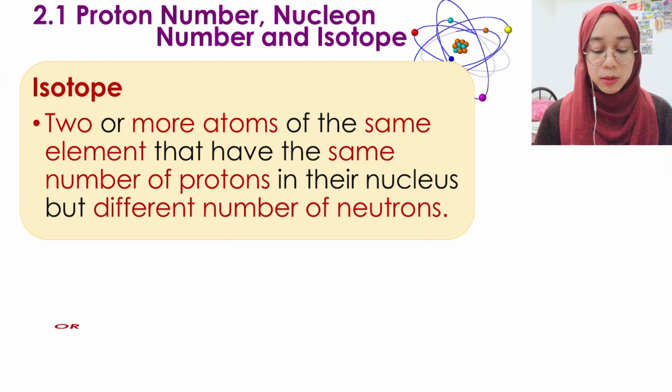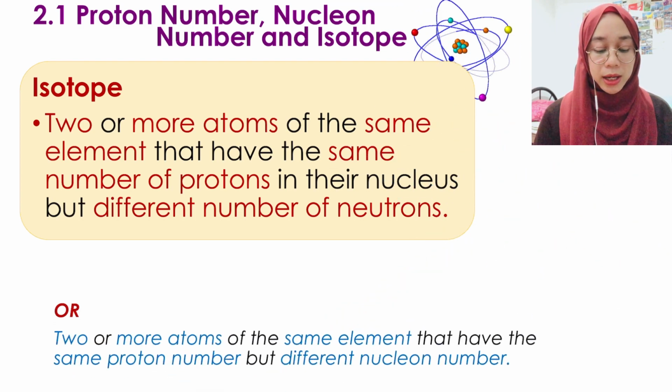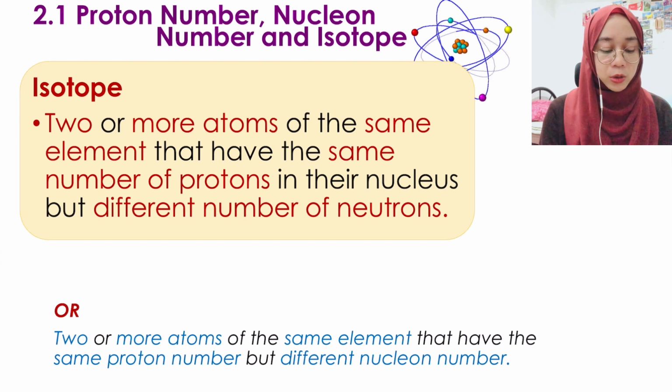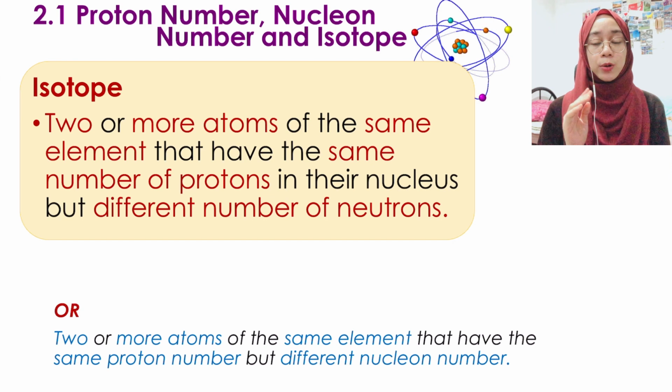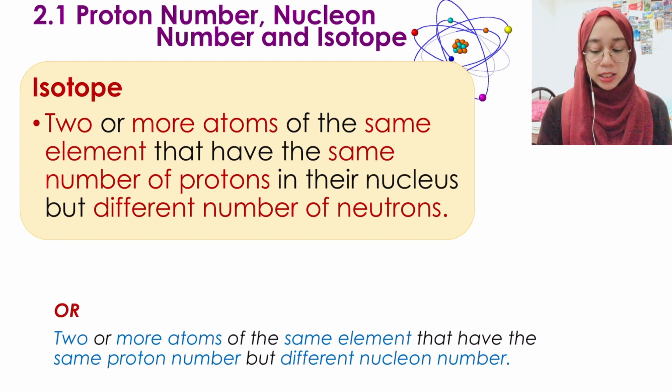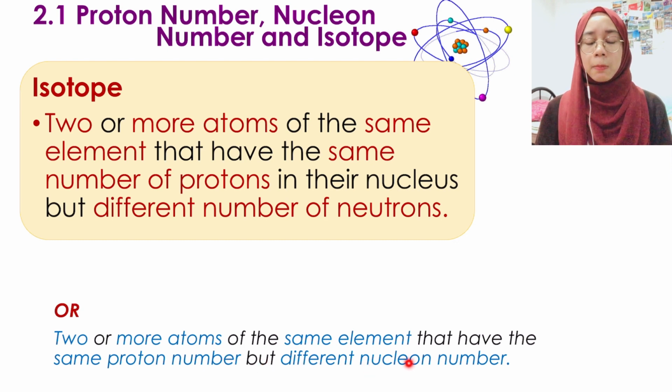Or you can also use this definition. Instead of saying number of proton, number of neutron, you can say that two or more atoms of the same element that have same proton number but different nucleon number. You can use either of the two. Miss feels the one below is simpler. But don't mix them. Don't mix by using same number of proton but different nucleon number, or same proton number but different number of neutron.